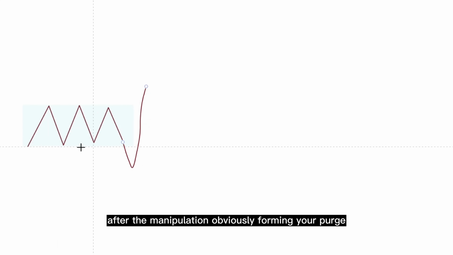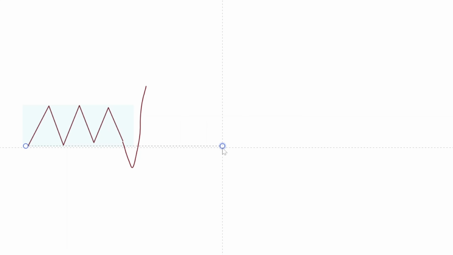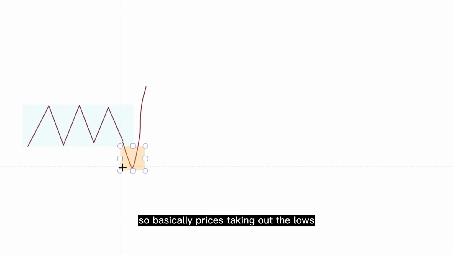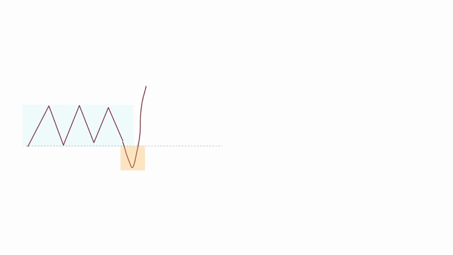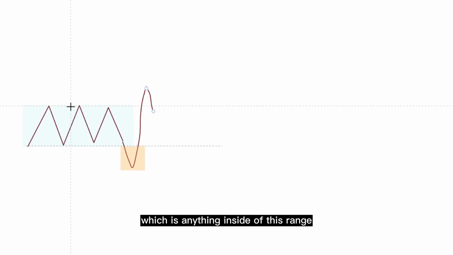After the manipulation, obviously forming your purge, and you would want to see a break of structure. So basically, price is taking out the lows and the highs of the Asian session as liquidation. And once price does that, you're looking instantly for a RTO, which is anything inside of this range.